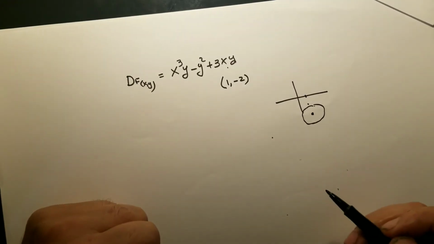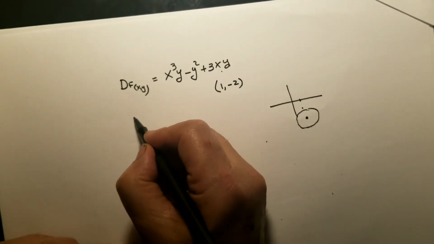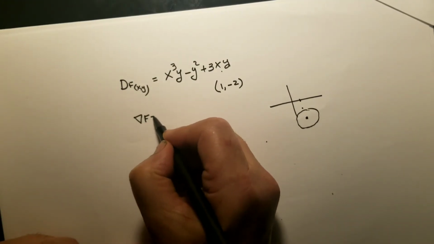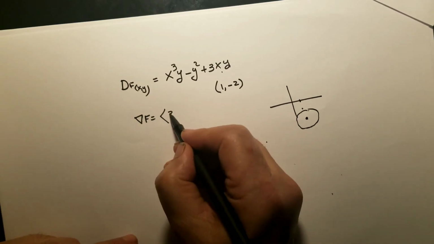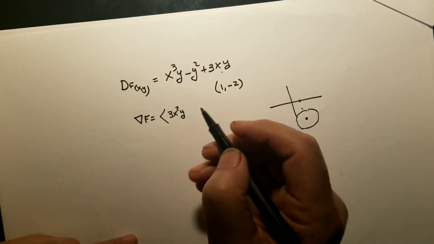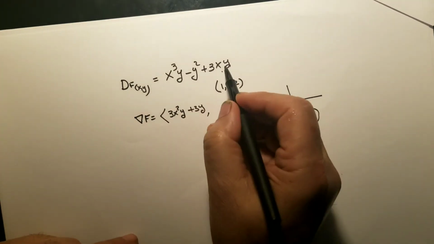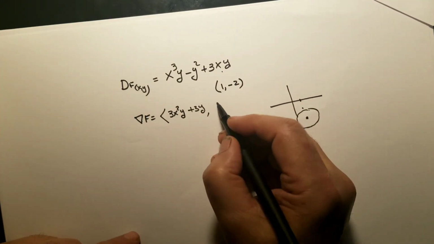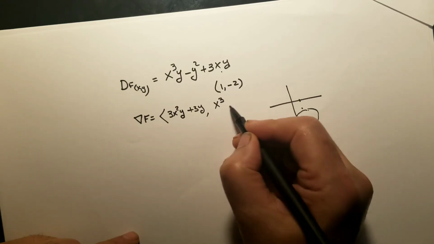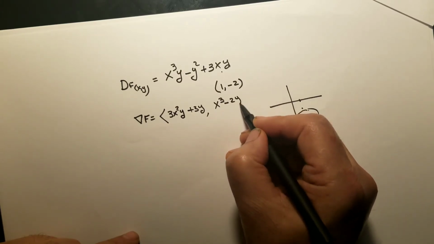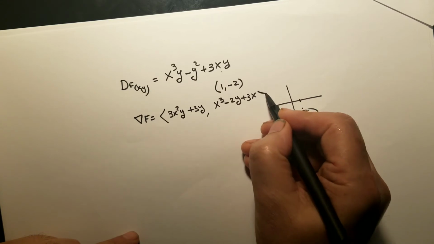You figure it out. Right away, you have to say the gradient of the function is 3x squared y plus 3y, and your partial derivative with respect to y is x cubed minus 2y plus 3x.